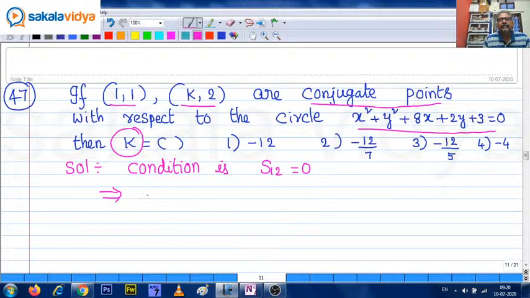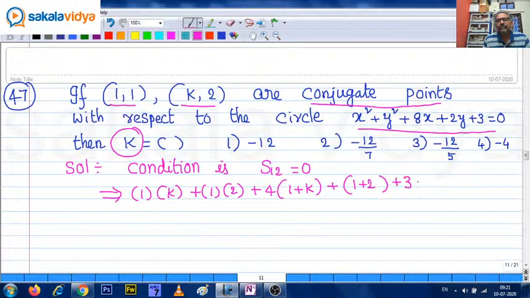S12 means x1 x2, 1 into k, plus y1 y2, 1 into 2, plus half of 8, 4 times (x1 plus x2), 1 plus k, half of 2 is 1, (y1 plus y2), 1 plus 2, plus 3 equals 0.